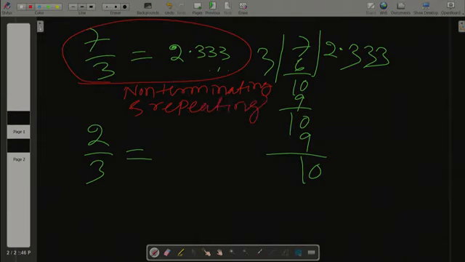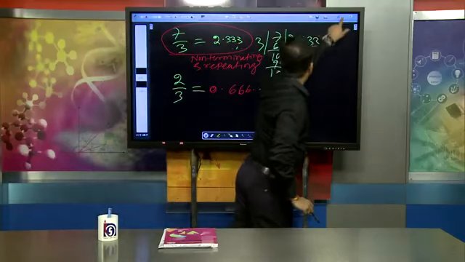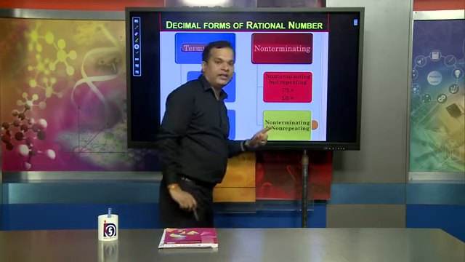2 by 3, again you will get 0.6666, I can say. So it is also non-terminating, repeating. But in some cases you will find non-terminating, non-repeating.